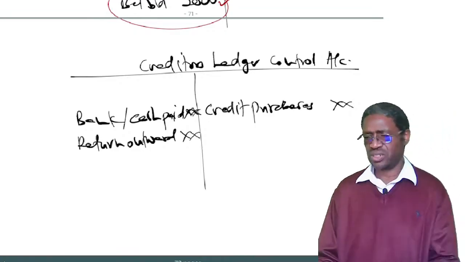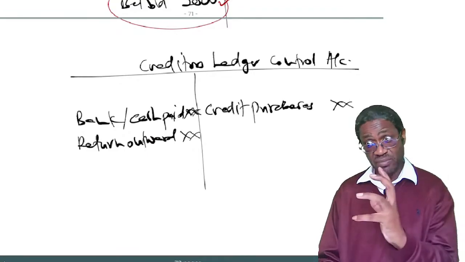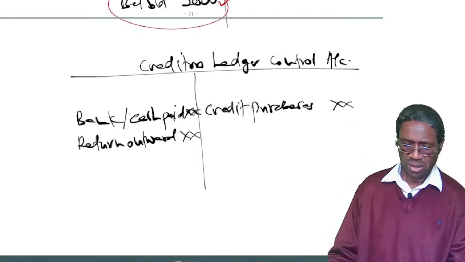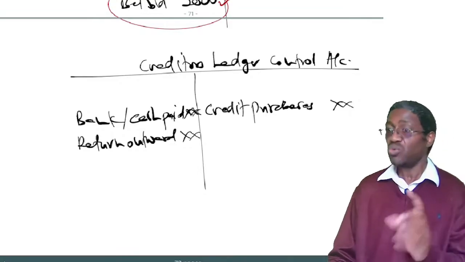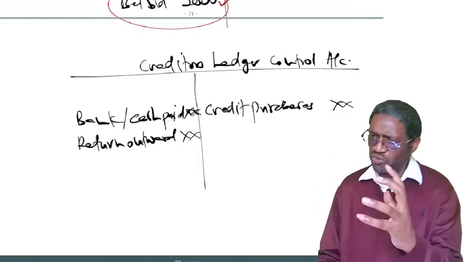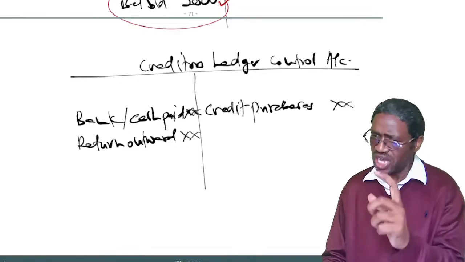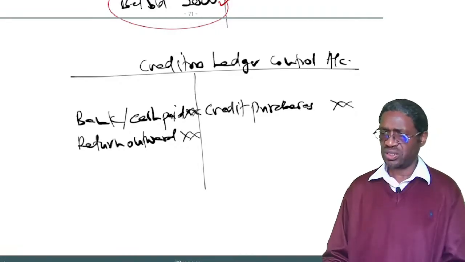Another point. These creditors told you that if you don't pay them within 30 days, they will charge you interest. Suppose you fail to pay them within 30 days, and therefore they had to charge you interest.